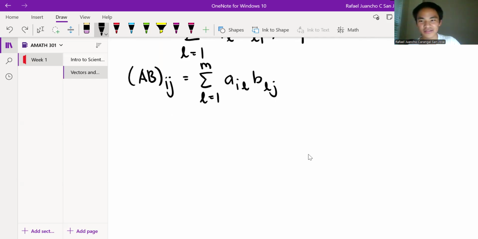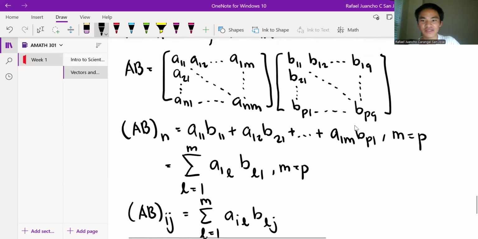Okay, and actually, what if we reverse the thing? If we reverse this, we still have ij. We're basically reversing the idea. So now we're looking at this and getting the dot product of that to here, and then looking at this, getting the dot product to here, and all the way until here.